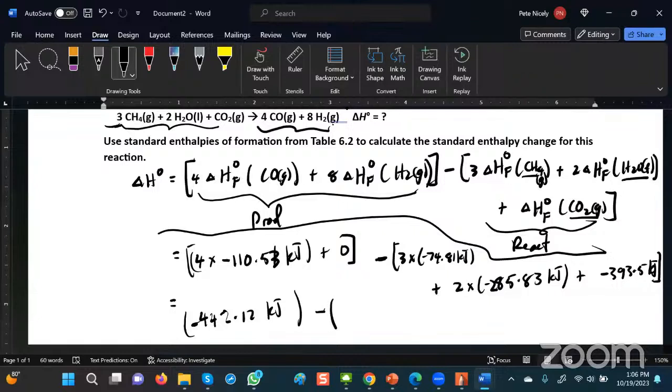And then I'm going to add to that, or maybe I should just subtract 393.5. Okay, now this side here, I got minus 1,189.59 kilojoules.